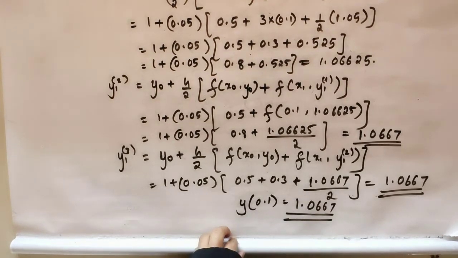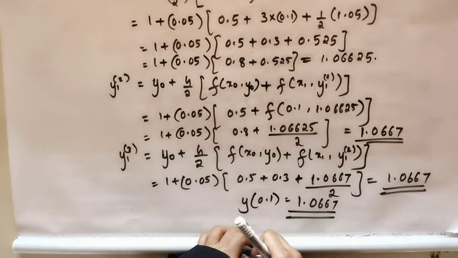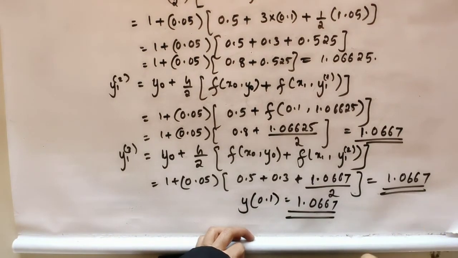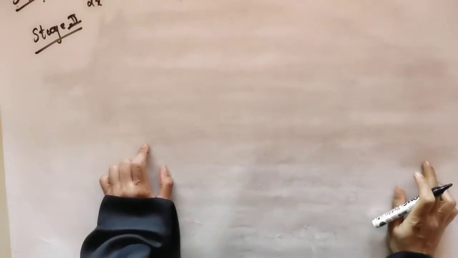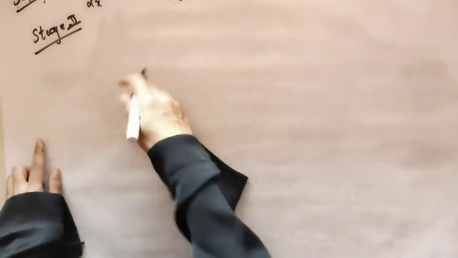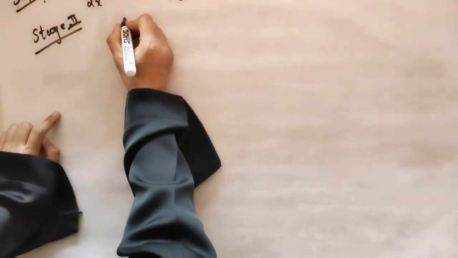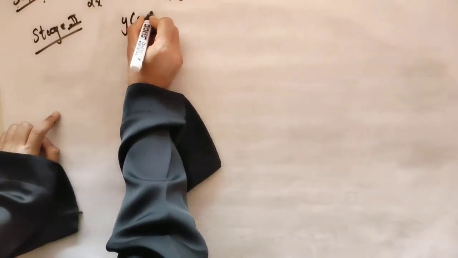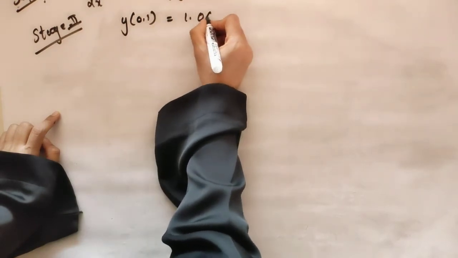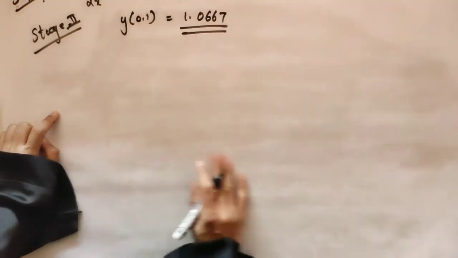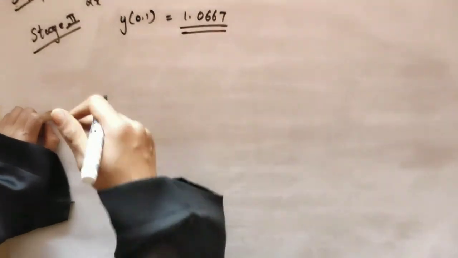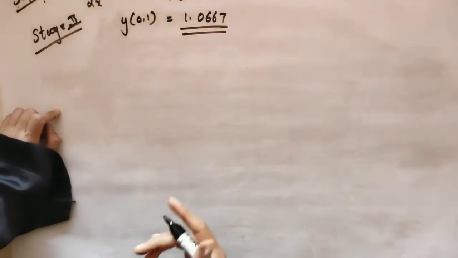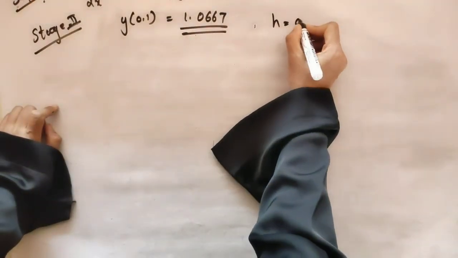Now we are going to continue with stage 2, taking this as the initial condition, because in the question it has been asked to work for y of 0.2. So let us work for y of 0.2 in the coming stage. Final answer for the previous stage was y of 0.1 to be 1.0667. This was our result. We are going to use it in this stage to continue. Again, h is 0.1.